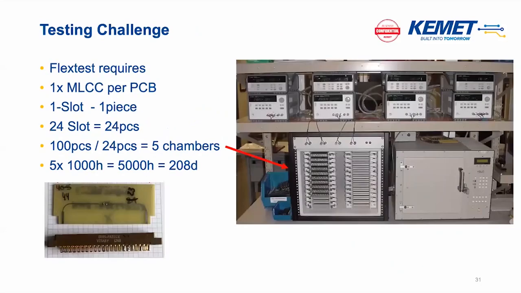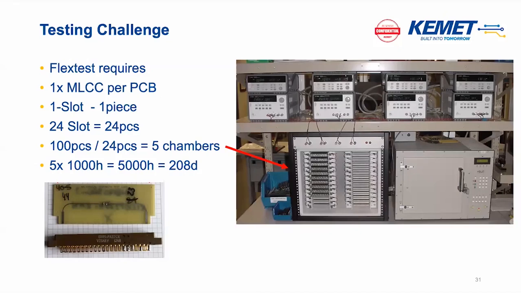So the test challenge here is, you have 1 MLCC per PCB. That's the major difference to other tests we did in the past. So if you see on the kind of test chamber, we have only 24 slots, so we can test 24 pieces. If we have to do 1000 hours test, we block this chamber with 24 pieces.